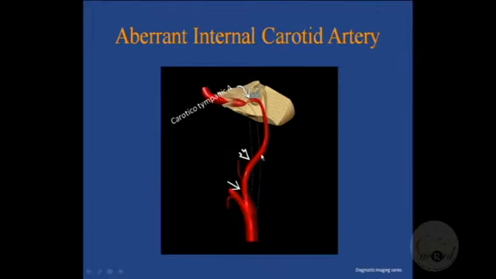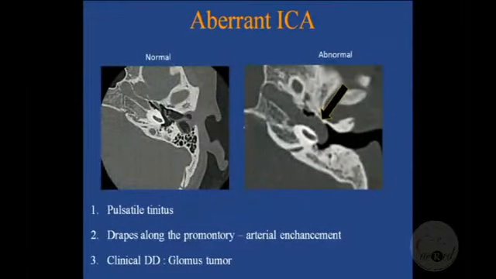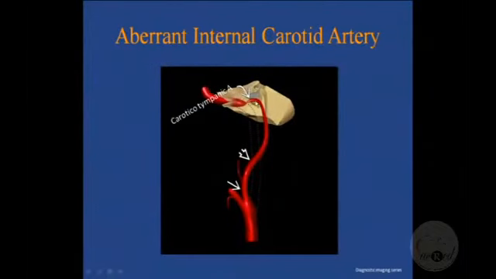But that's the normal course for this artery, which should involute normally. And that runs through the inferior floor of the middle ear, and then drapes along the cochlear promontory, and then continues as the ICA. That's the aberrant ICA. Okay? So let's look at the CT anatomy. As we saw here, this vessel should drape along the cochlear promontory. Let me show the normal.